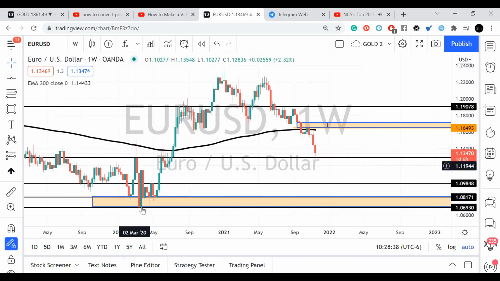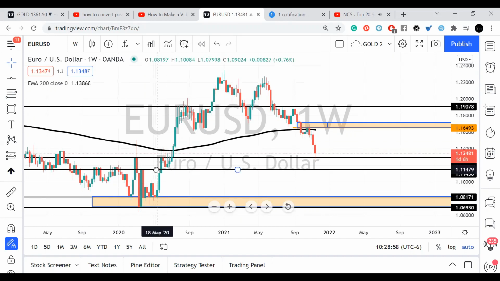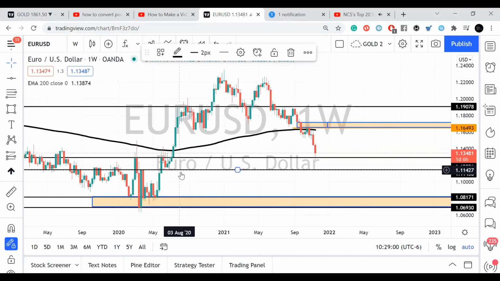So from here to here is this low. Then from here, we had a break to the upside, then price dropped here, came here. So no, this is actually the structure. So price might come here, then after here, price will come here. So this is what we'll have on the weekly.